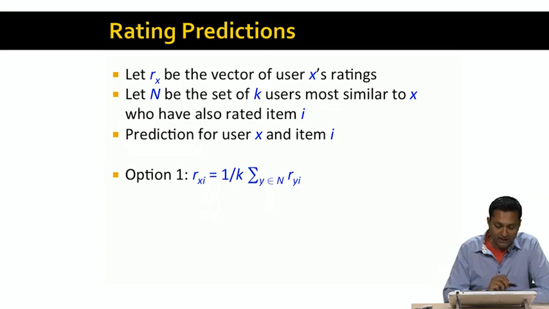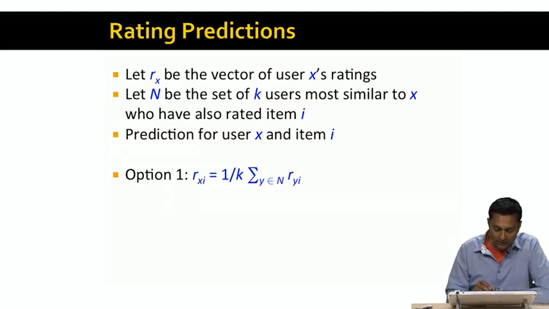Remember, the set N consists of users who've also rated item I and are similar to user X. So the simplest estimate is to use the average rating of all the users for item I in the neighborhood, and take that as our estimate of the rating for user X and item I.